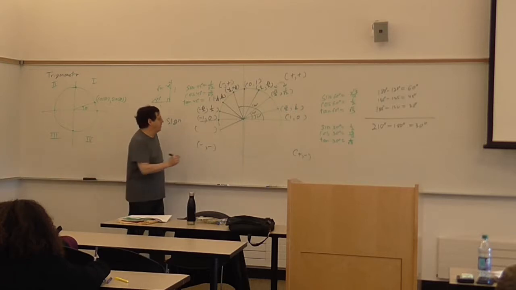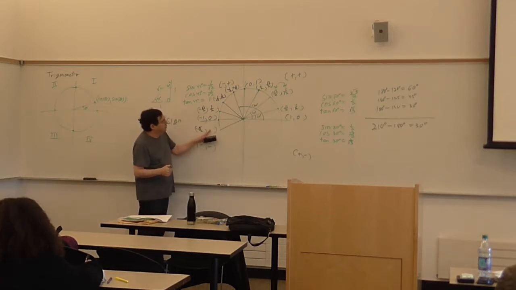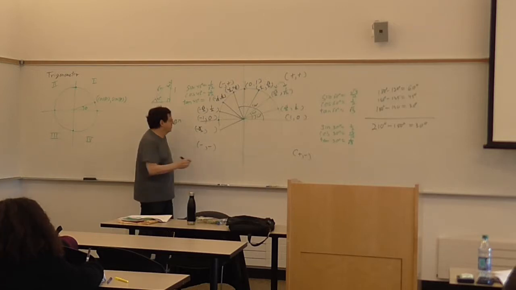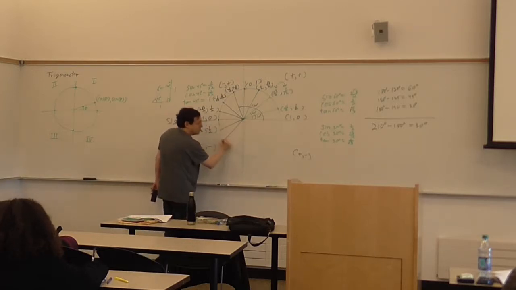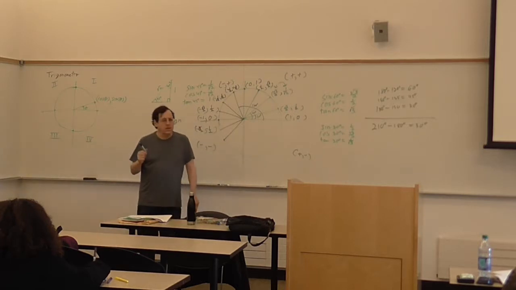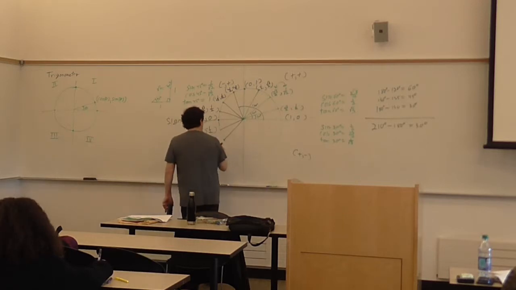So negative square root of 3 over 2. Negative square root of 3 over 2, and the sine of 210 is okay. Oh, I don't want to leave you out.